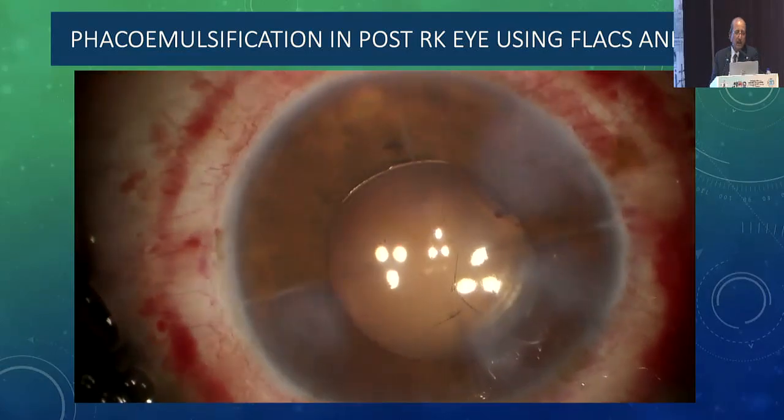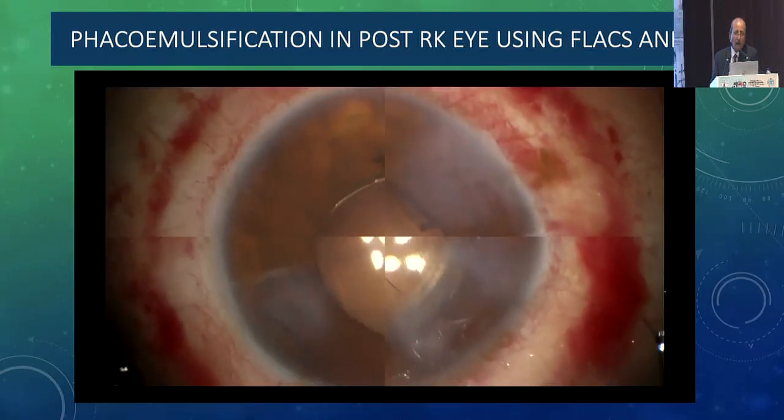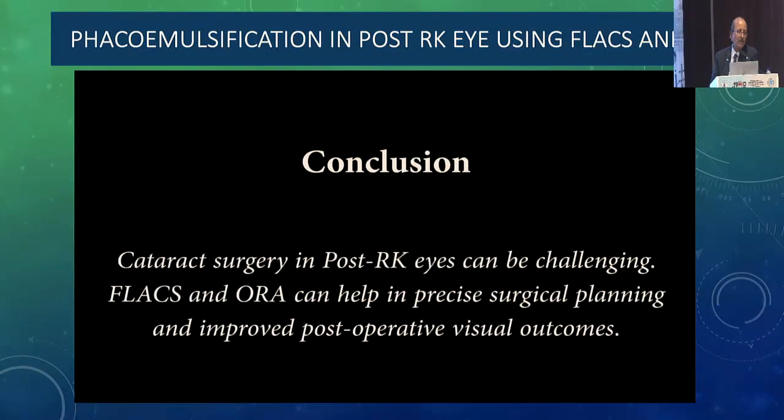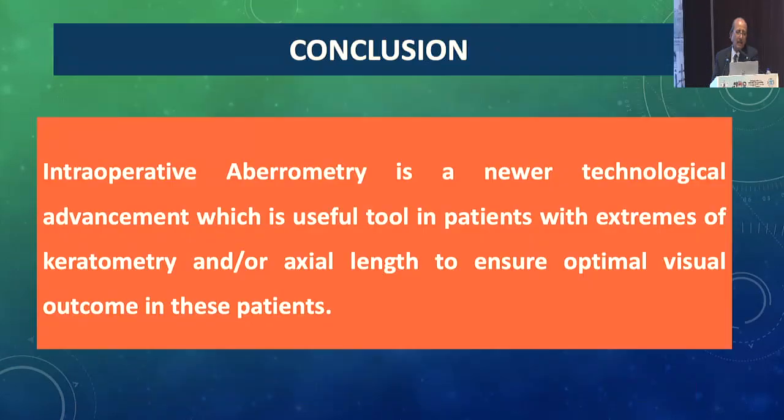So the lens is placed, but only the IOL power we have to decide. Cataract surgery in post-RK eyes can be challenging, and femto and ORA help in precise surgical planning.